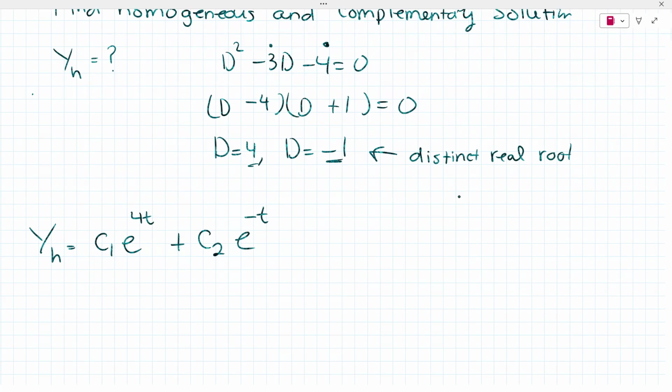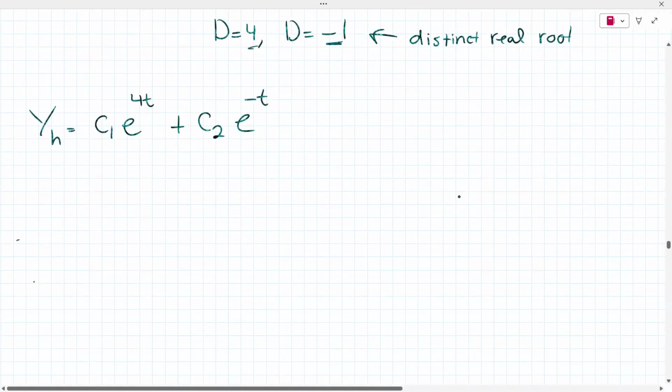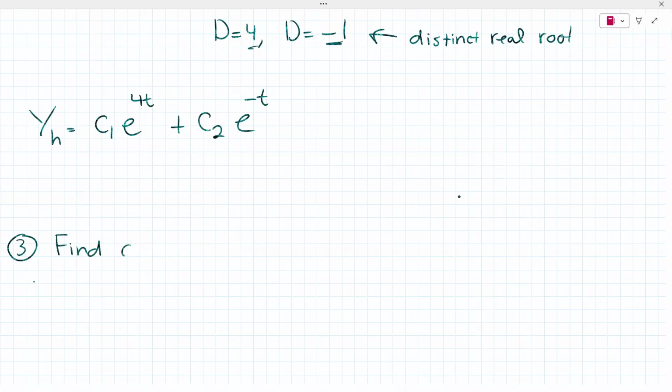Okay, then step 3, find A(D), or the annihilator, that annihilates g(t).